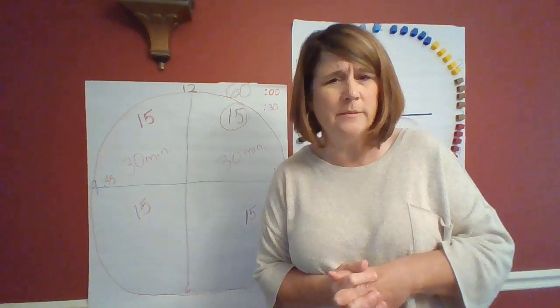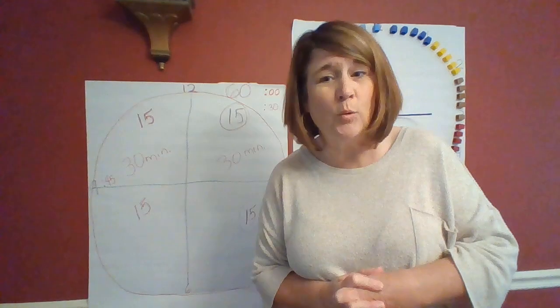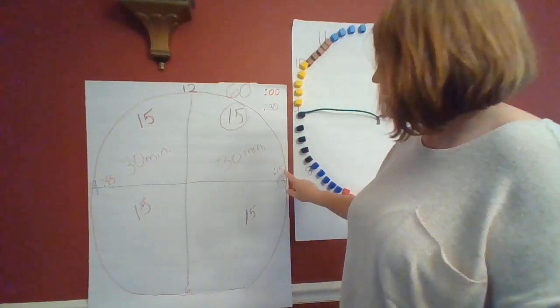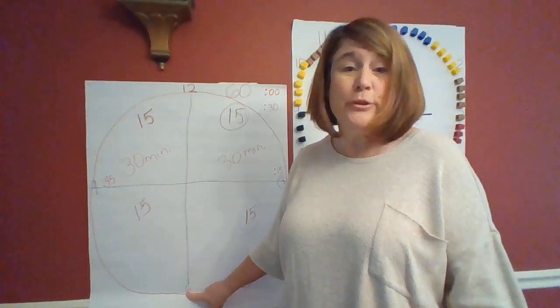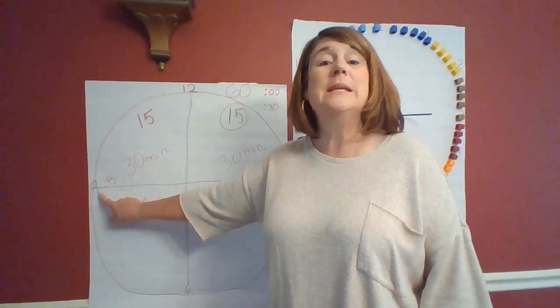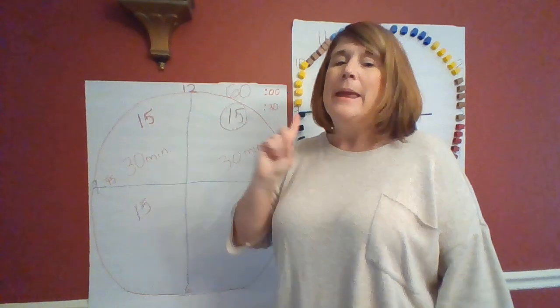What is that coin? Did you say quarter? If you did, you got it. This is quarter past. This would be 2 quarters or a half. And this is quarter till, because it's quarter till the next hour.